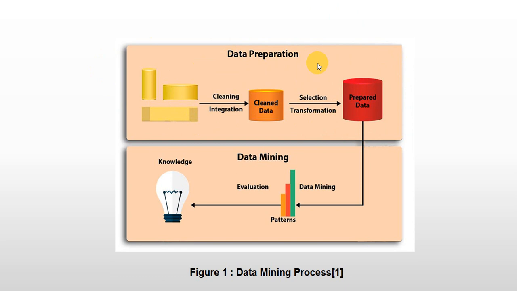The next stage is where data is mined. Here patterns are formed from a large data set. After establishing patterns, evaluation is done, and on the basis of this evaluation, knowledge is acquired for decision making. So this is the whole process of data mining.